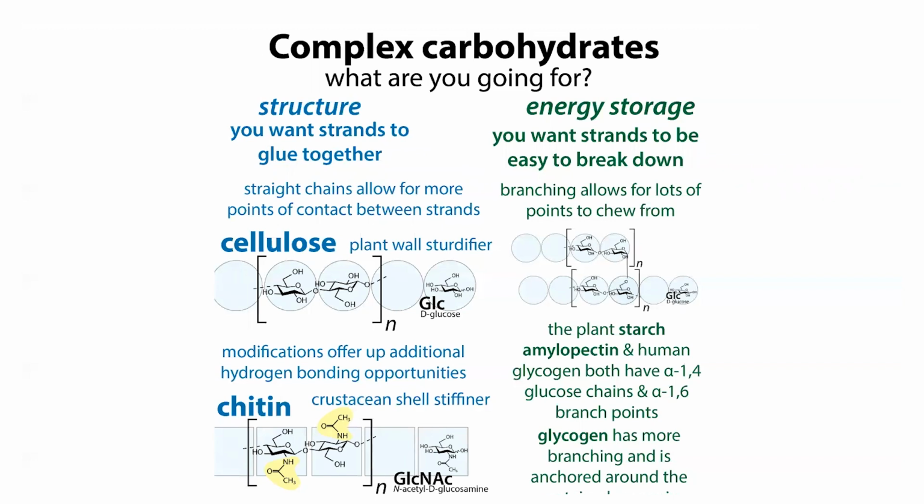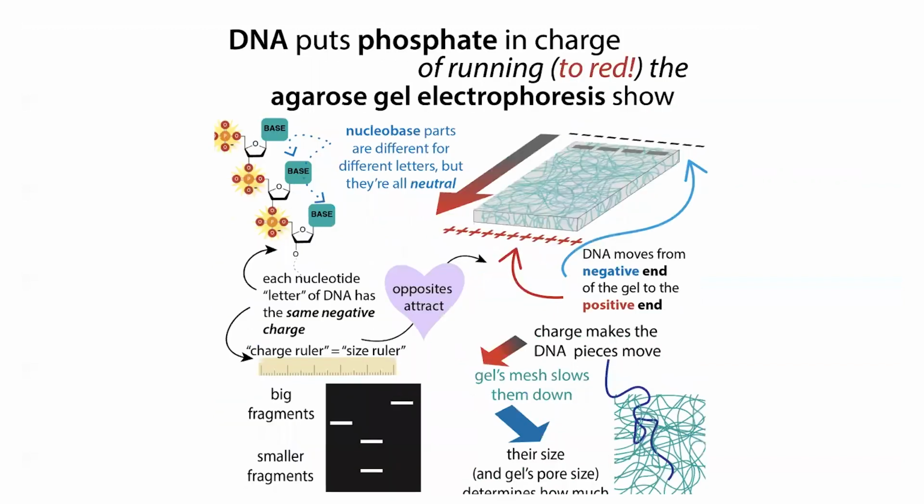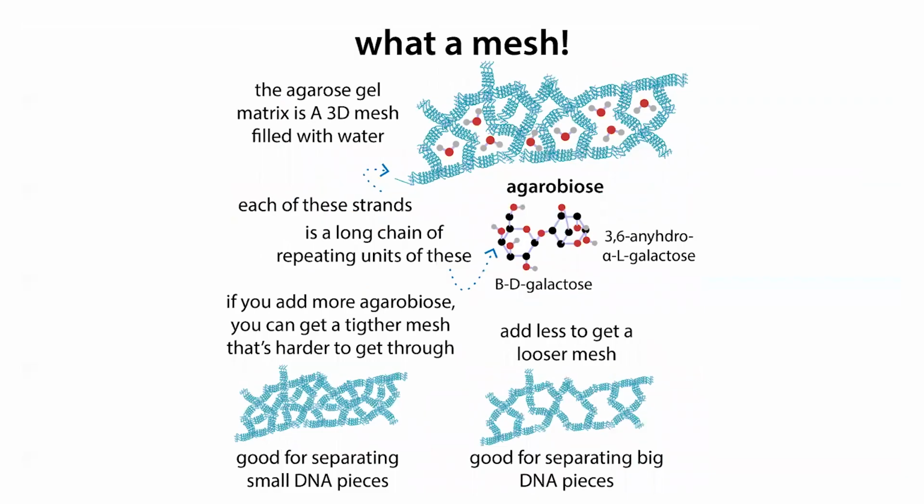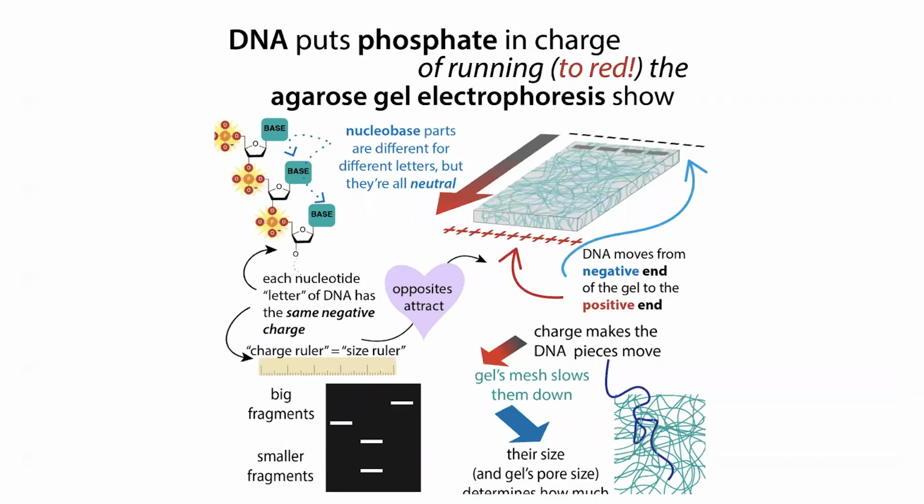We'll get much more into this later too, but it's not always stiffness that you want. What if you want something more jelly? Sugars can form really nice gels, as we take advantage of in the lab, such as with agarose gel electrophoresis, where we get sugars to form this mesh filled with water, so a gel. Then we can use that mesh to separate DNA pieces by size.